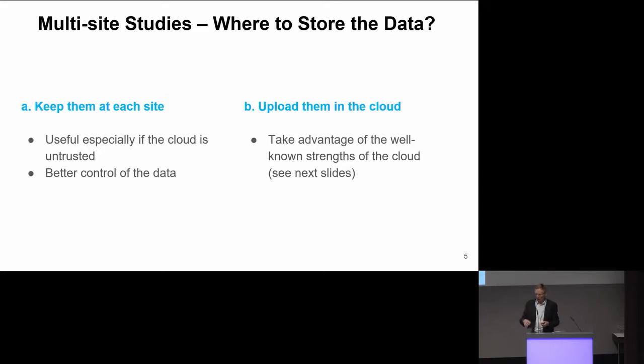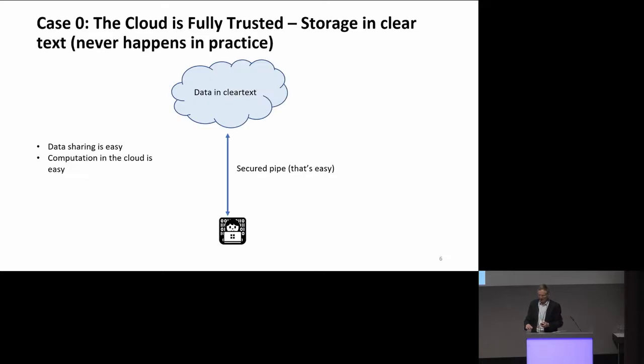Or upload the data in the cloud and take advantage of the well-known strength of cloud computing, right? So, first case, assume the cloud is fully trusted. You assume that, for example, the cloud service that is provided by Amazon or by Microsoft or by Google is fully trusted.